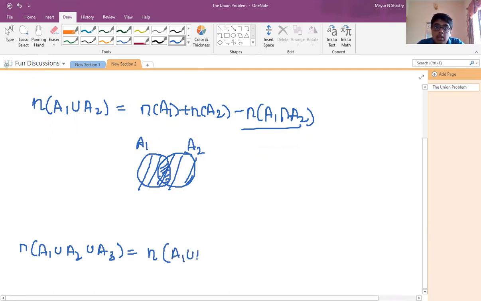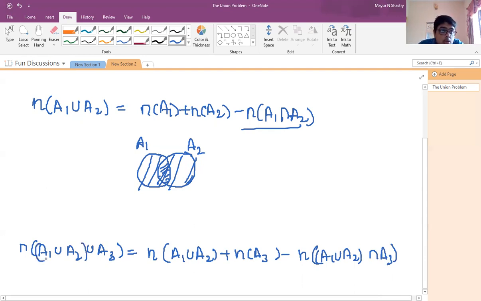This is nothing but n of A1 union A2 plus n of A3 minus n of A1 union A2 intersection A3, just by using this formula. What I did was I grouped these two. So this is n of A1 union A2, then n of A3 minus this intersection with this.